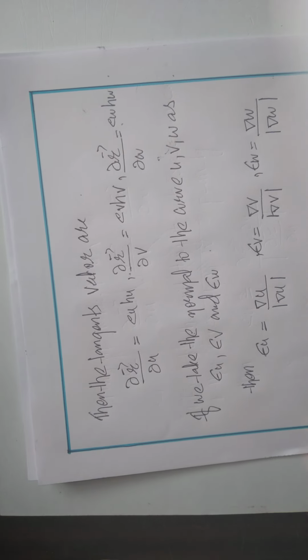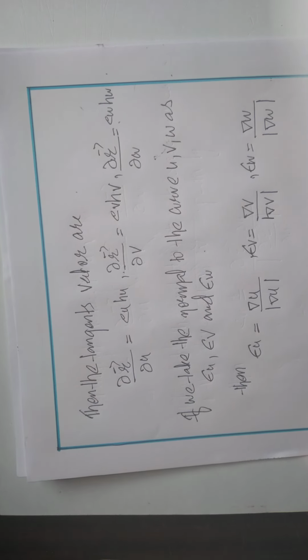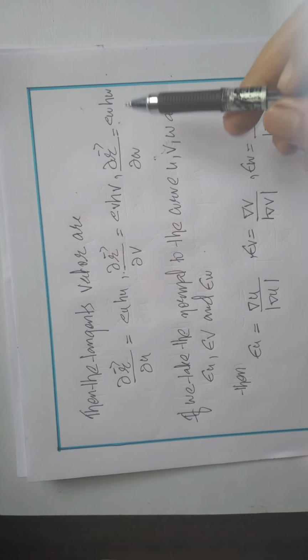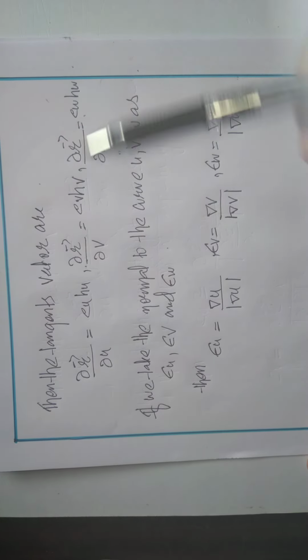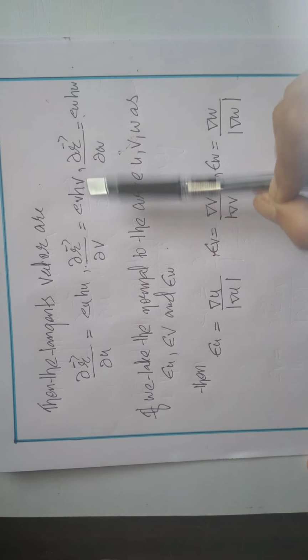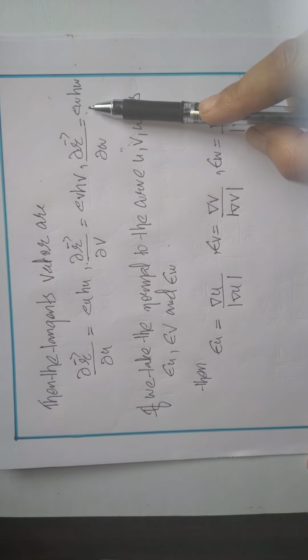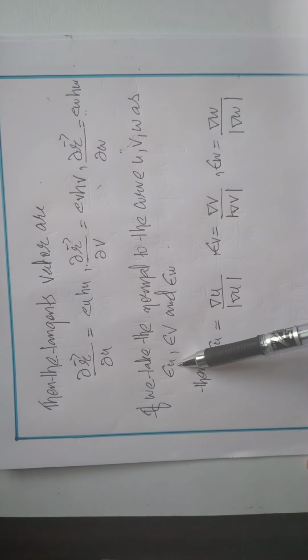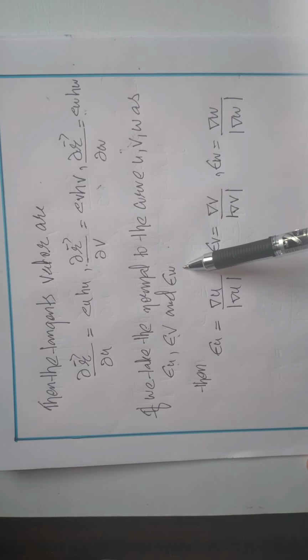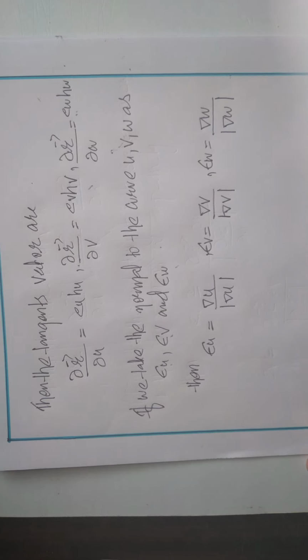So the quantities HU, HV, HW are called scale factors, and EU, EV, EW are called the unit base vectors.